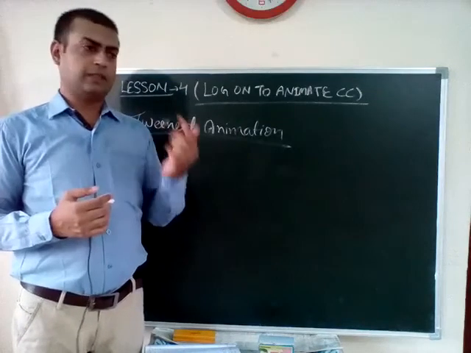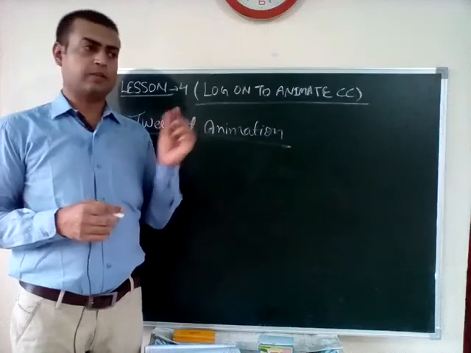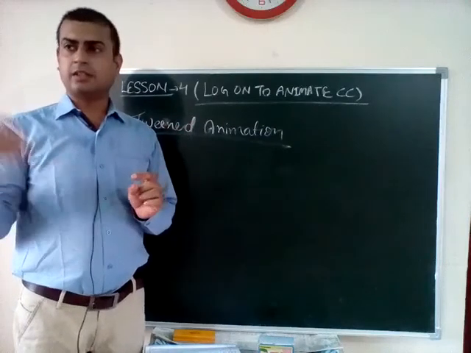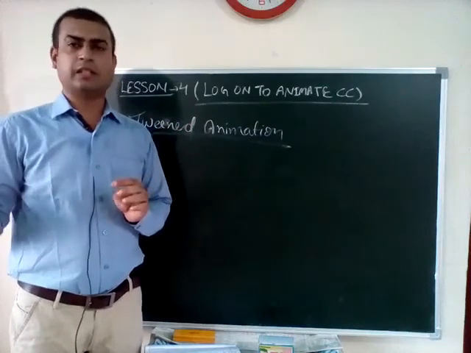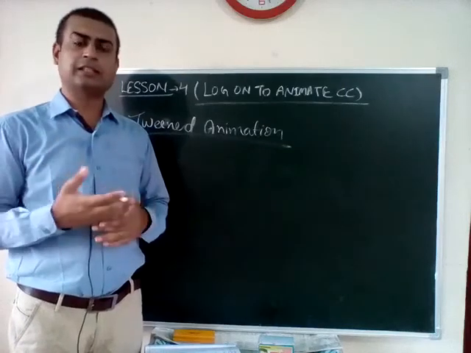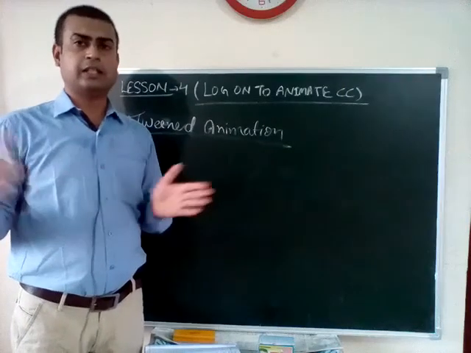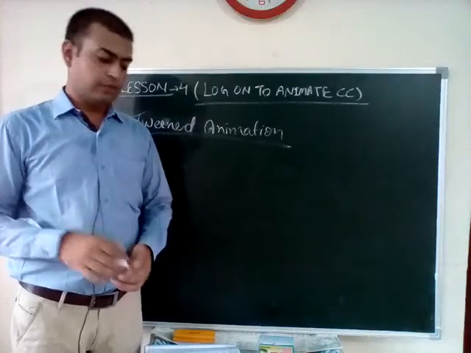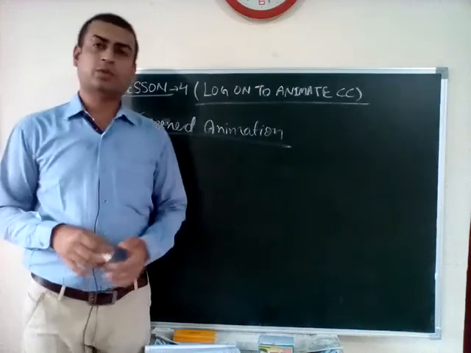We are just giving the keyframe once at the first position, and after a certain number of frames we insert another keyframe, and then tweened animation will automatically insert frames in between the first and the last keyframes. So basically tweened animation is used to give motion.